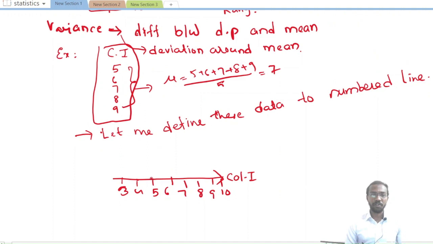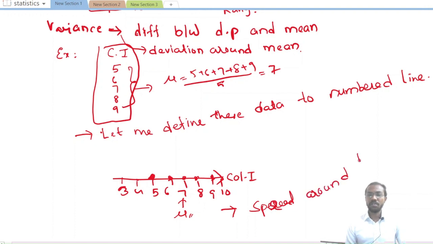So 5 will be present here, and I will draw a dot for this data point. 6 and 7 will appear here, 8 here, and 9 here. For this number line, the mean is 7. Now variance is nothing but the spread, the deviation around the mean.